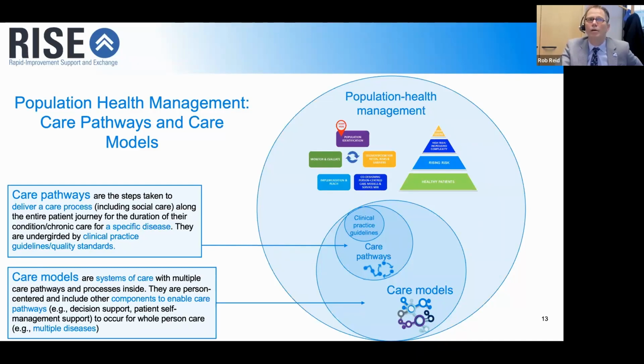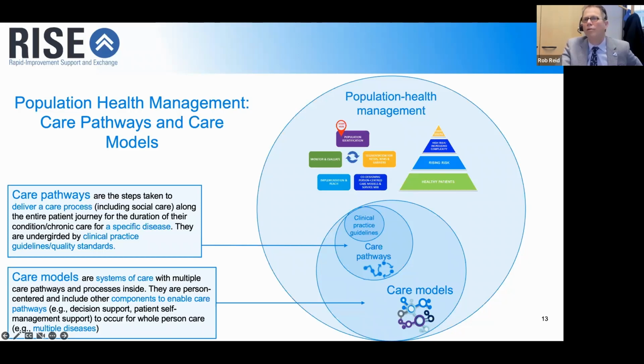Sometimes you'll hear the term care pathway also synonymous with clinical pathway, and just to know that we're referring to the same thing here. Care pathways are really the who does what, when, where, how of delivering care across to particular populations of patients within the care model. And then care models are larger than that. Care models are really systems of care that are often embedded with multiple care pathways and processes inside.